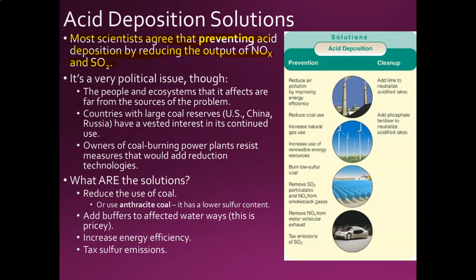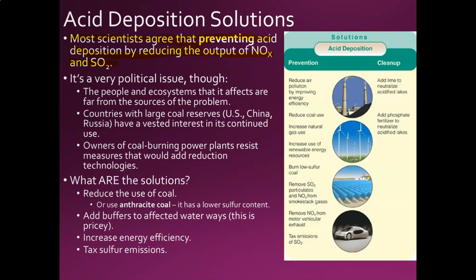Another issue that we see a lot is it doesn't necessarily affect the people that live right where those things are being emitted. This is one of these things, it's a downstream issue, where it may be us causing it, but we don't see the effects of it. And we've seen with climate change, we've seen with the spread of illness, that if humans are not immediately affected by it, they don't necessarily react to it as well.